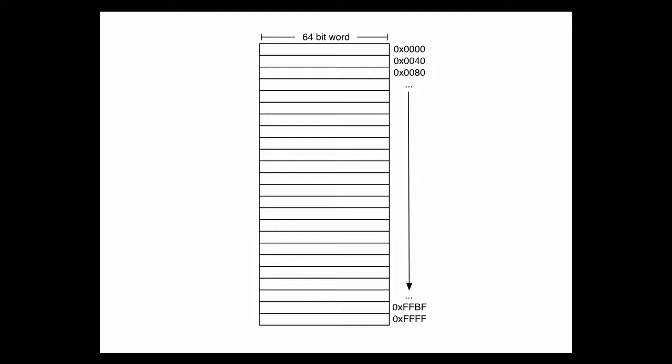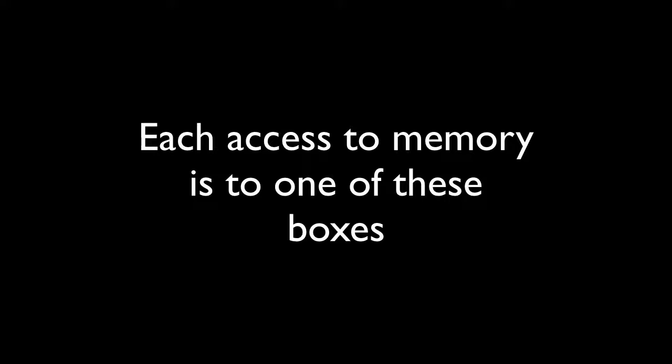So later in the semester, you will encounter memory addresses that are 16 hexadecimal characters. And when you see those, something will have gone very wrong in your program. Okay? But I want you to understand they're there. So RAM has words, it has boxes. The boxes are numbered from 0 up to some very, very, very large number. Each time the CPU accesses some memory, it is accessing one of these boxes. Every time it accesses.